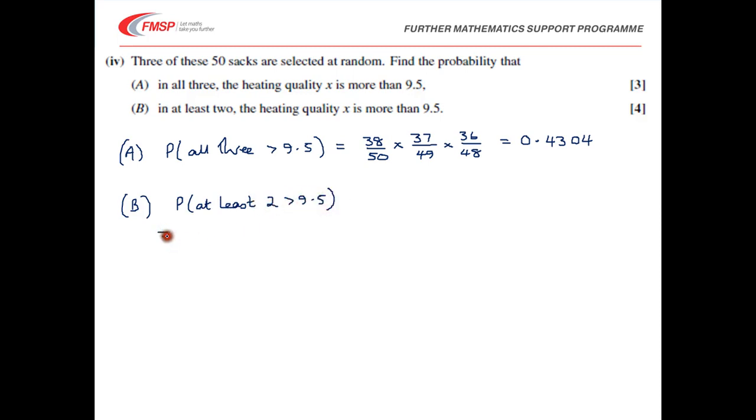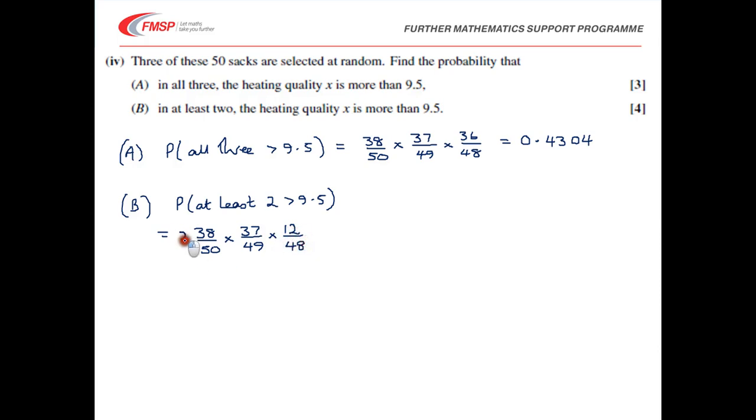For part B, we want the probability that at least 2 are more than 9.5. So, at least 2 means, well, the first one could be, and then the second one we've only got 37 left, and then the third one wouldn't be, so there are 12 that aren't out of the 48 remaining.